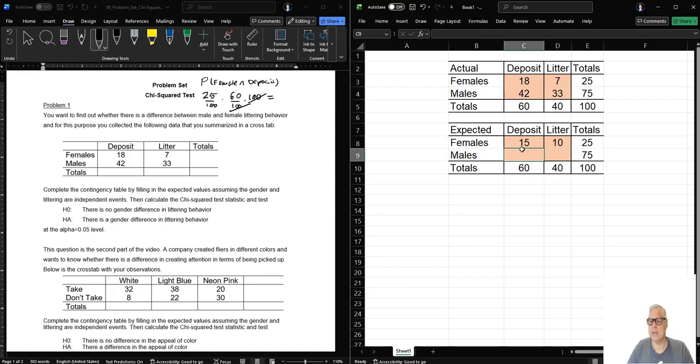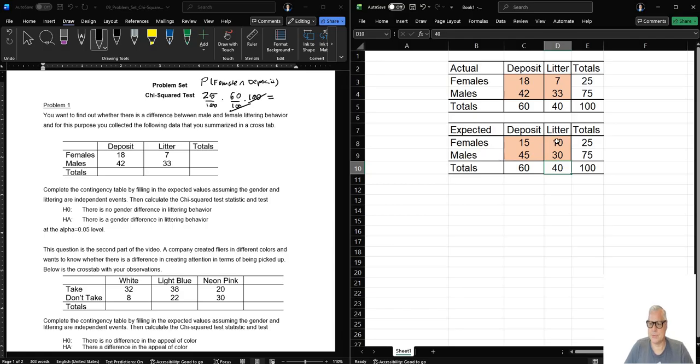Then depositing and being a male, that would be equal to the 60 times 75 over 100, 45, and males and littering under the assumption of independence, that would be the probability that a randomly selected person is a person who litters, and the probability that a randomly selected person is a male divided by the 100, and we get 30.